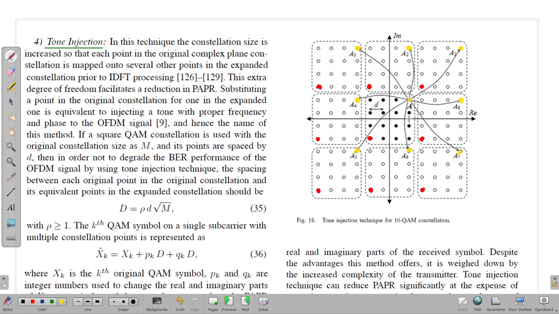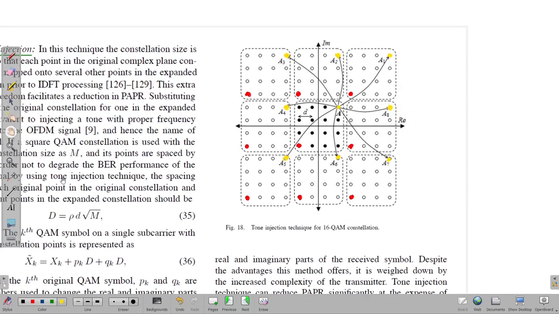When you talk about a constellation diagram, you have the real axis, you have the imaginary axis, and the energy of a symbol in the constellation is proportional to its distance from the origin. So this distance from the origin gives you an indication of the power.